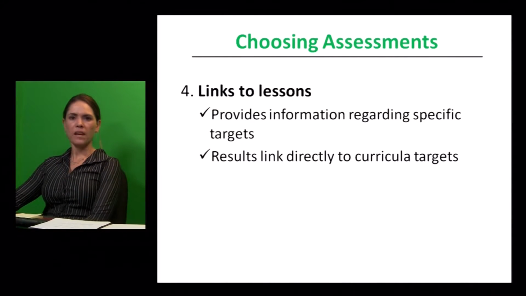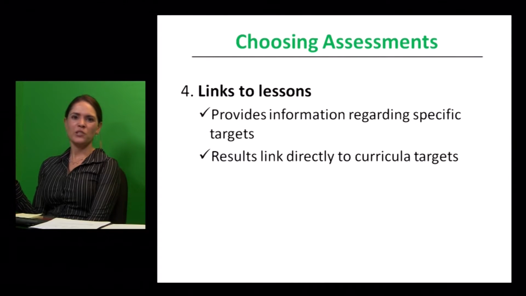Now, the fourth consideration that would be nice in an assessment is that if it could link to lessons, everyone would be extremely happy, because oftentimes we do assessment, and what do we get from our assessment? We get quotients or scores, or some bar graph that basically shows, look, the child's really weak in this area and doing wonderful in this other area.